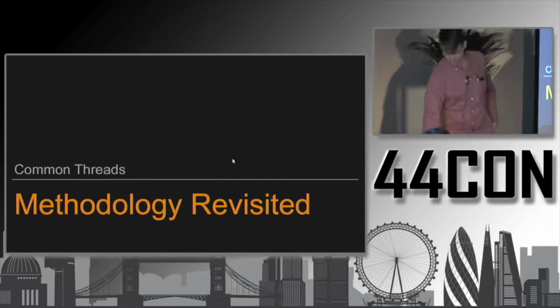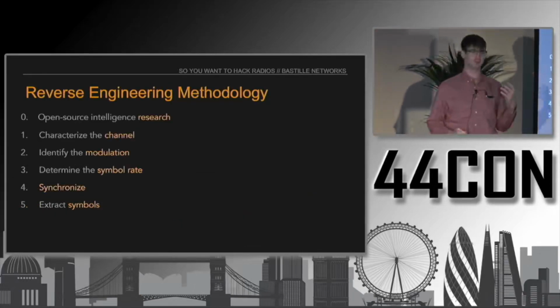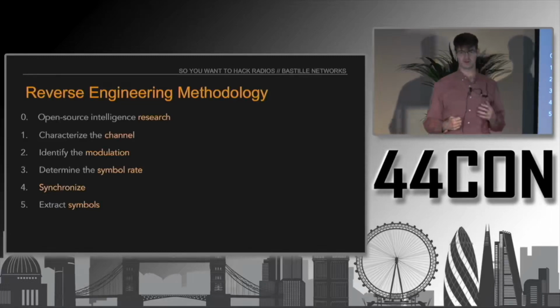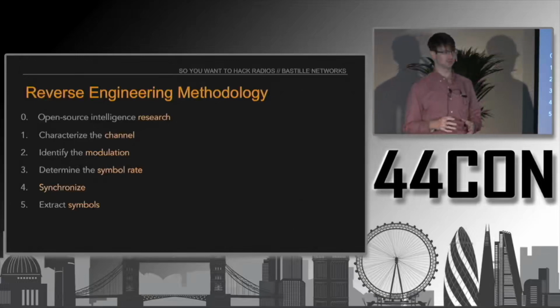Just to wrap up, we proposed this methodology for providing structure to the reverse engineering process. The key element is to start with strong open source intelligence research, and then methodically work through the signal to identify the key characteristics that you'll need to plug into a flow graph.